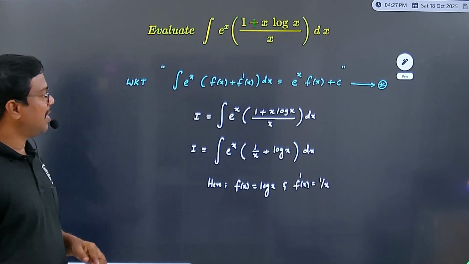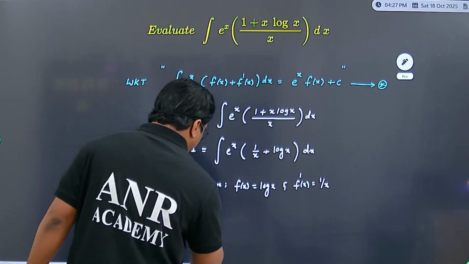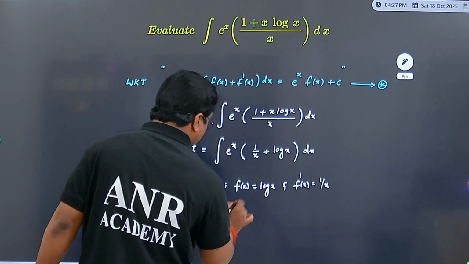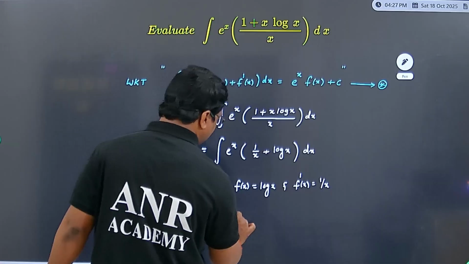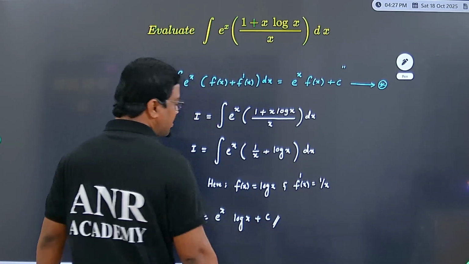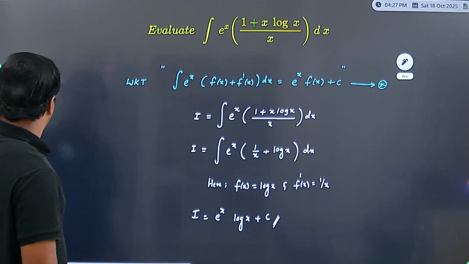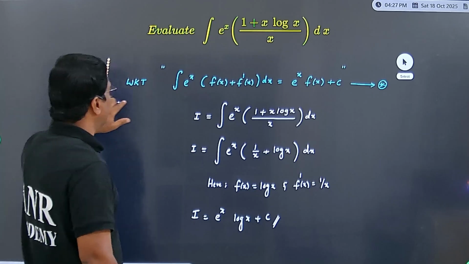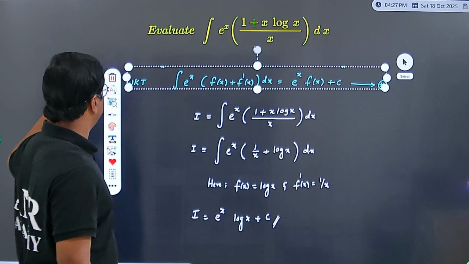Since f of x is log x, f dash x is 1 by x, the integral value by that formula is e power x into f of x, that is e power x into log x plus c. This is your answer. Most of the questions in the previous examinations are based on this standard result.